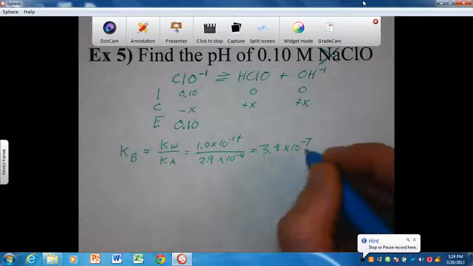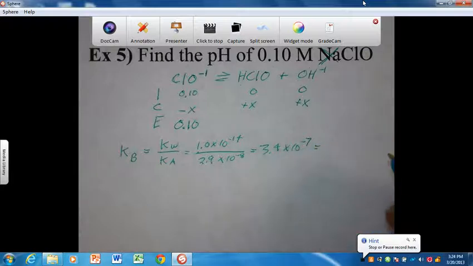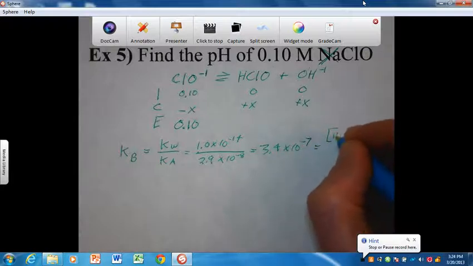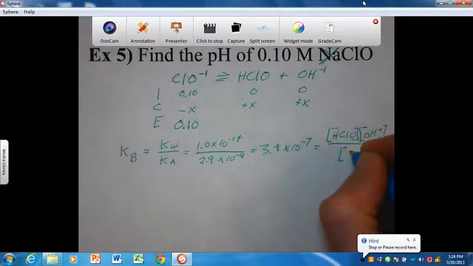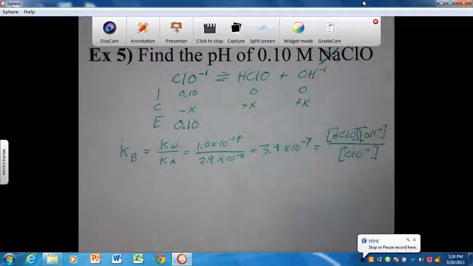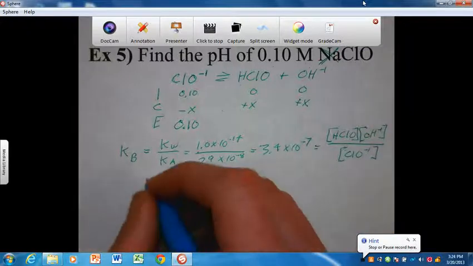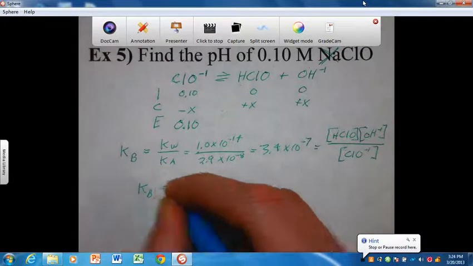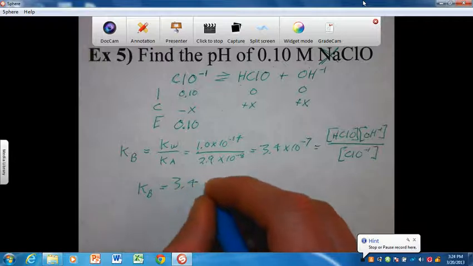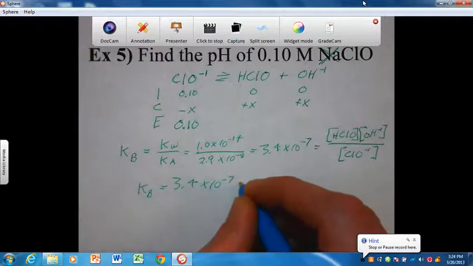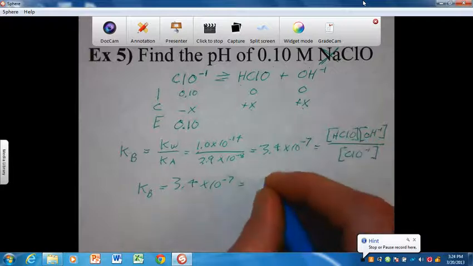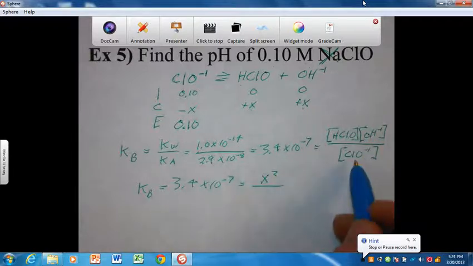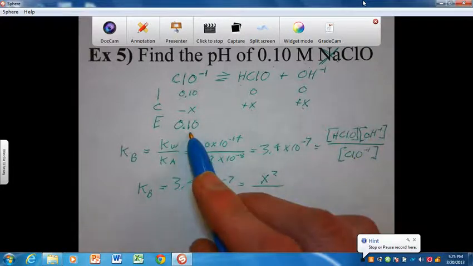So that Kb is going to be products over reactants, or I can think of it as HClO times OH minus over ClO minus. So my Kb value, which we said was 3.4 times 10 to the minus 7, is going to be equal to x and x, that's x squared, over 0.1 molarity at equilibrium.